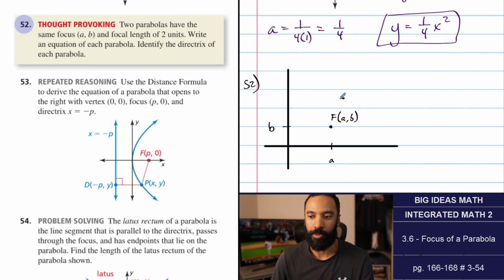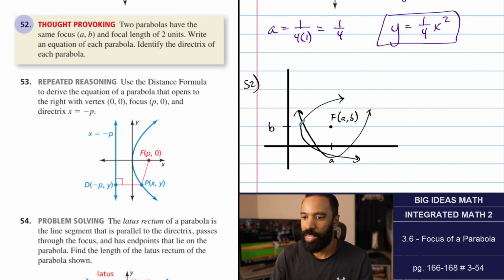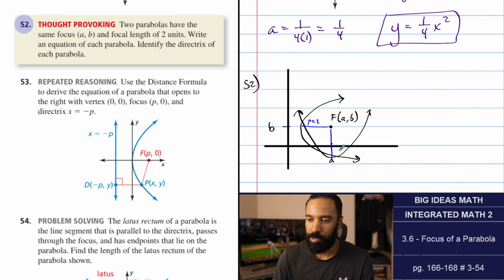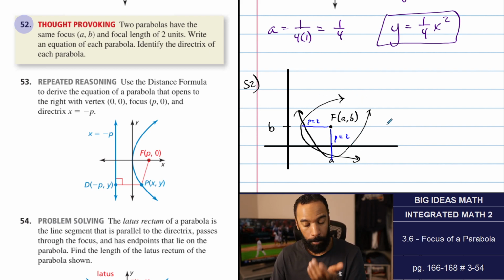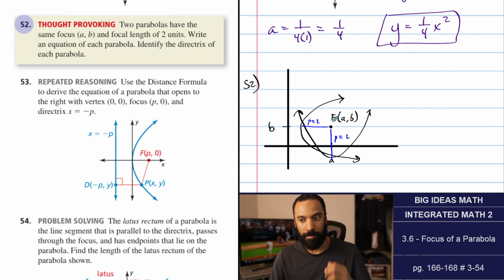So I could have a parabola that goes this way, and a parabola that goes, say, this way. Both of them will have this p-value is 2. The reason I did them rightward and upward is that it keeps my p-value positive in both of these.